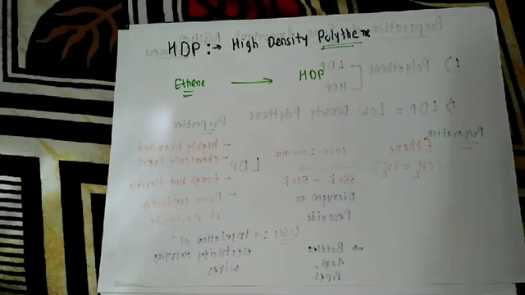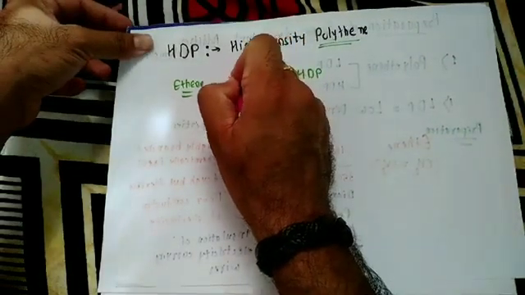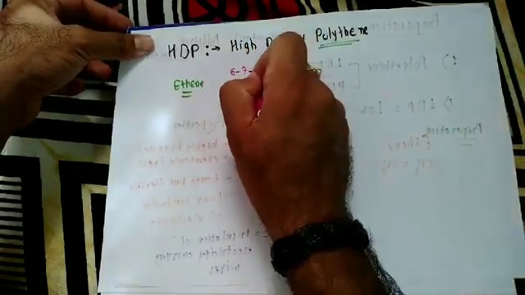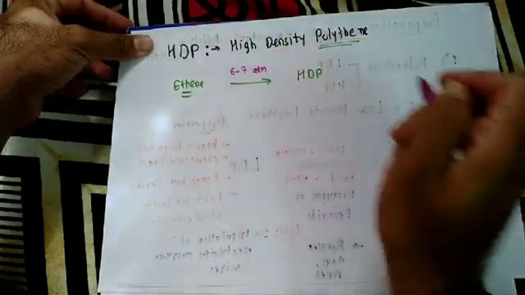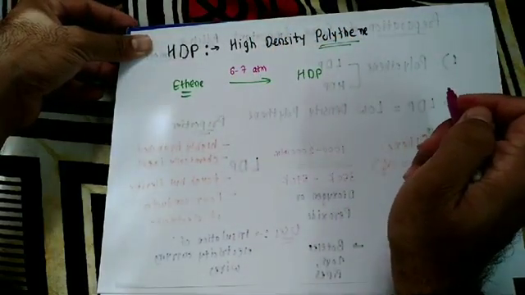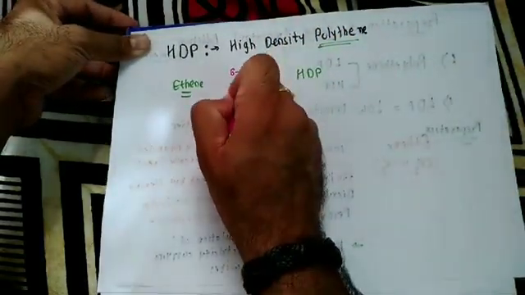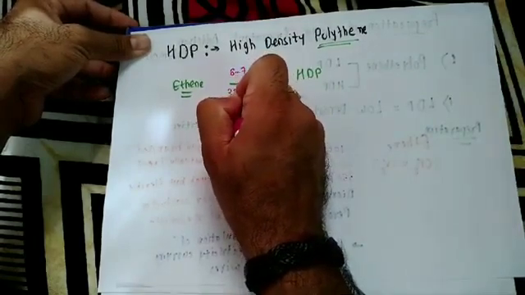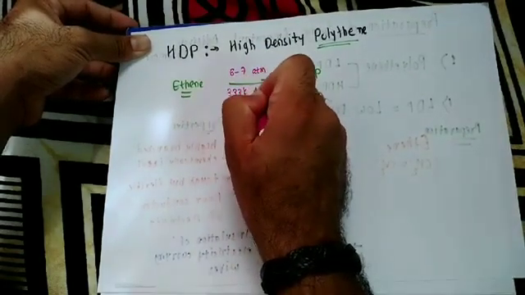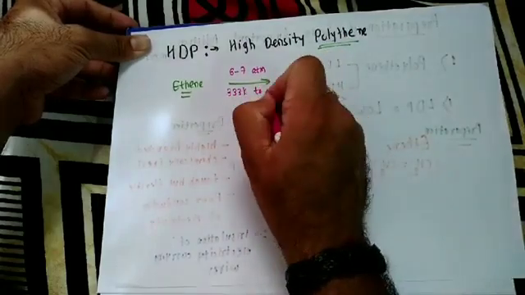Here we require low pressure, that is 6 to 7 atmospheric pressure, and the temperature range is 333 Kelvin to 343 Kelvin.